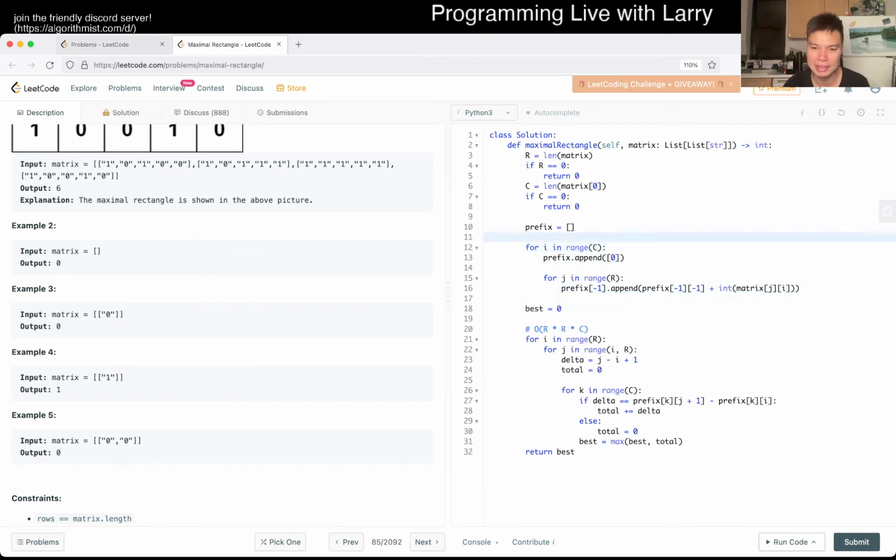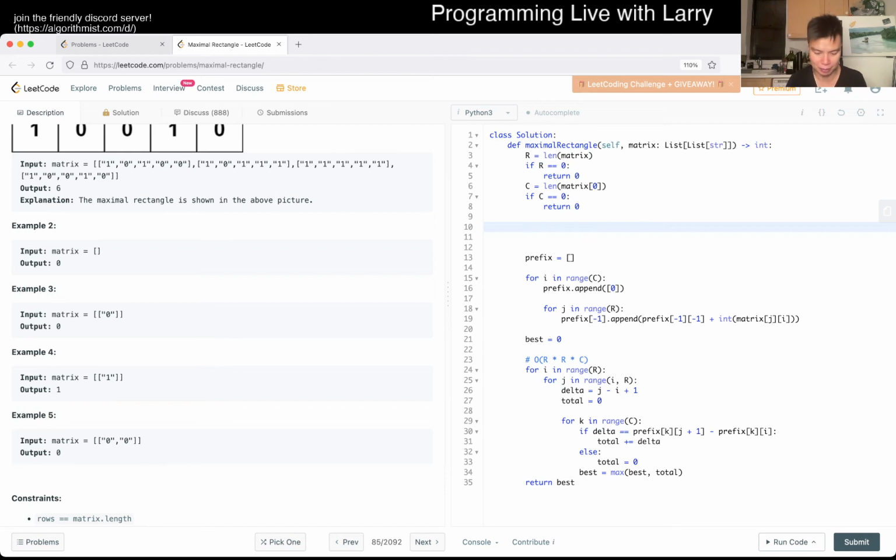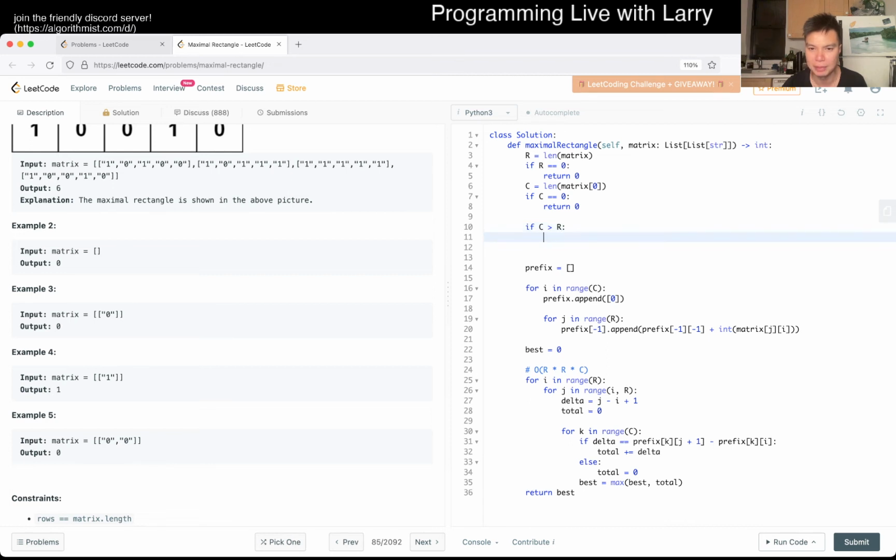So we want to make C the smaller one, okay? So okay, let's do it for fun. Usually I would submit first, just to get a baseline, and then make optimizations on it. But this time I'm going to YOLO a little bit and just make the optimization. So if C is greater than R, then we should swap, right?